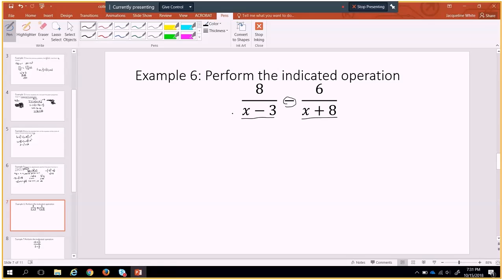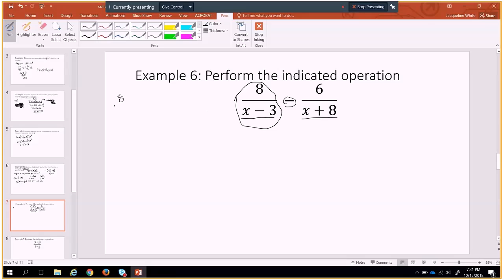To accomplish that, we multiply each side by the factor of the denominator that's missing. In this case, this guy already has an x minus 3, and this guy has an x plus 8. So the only thing that's missing is that x plus 8. So we multiply the top and the bottom by x plus 8.